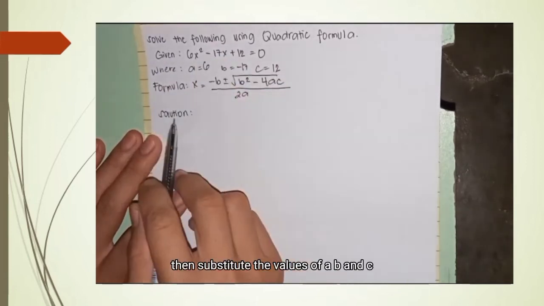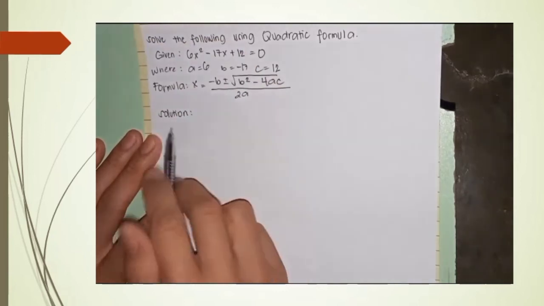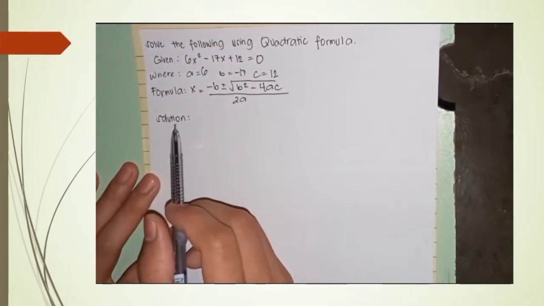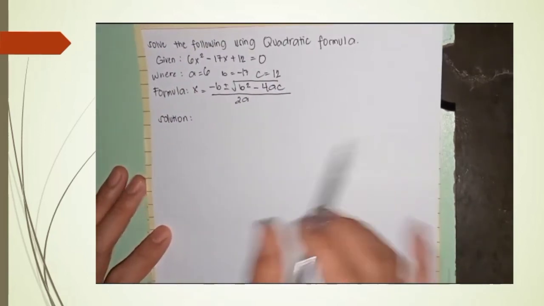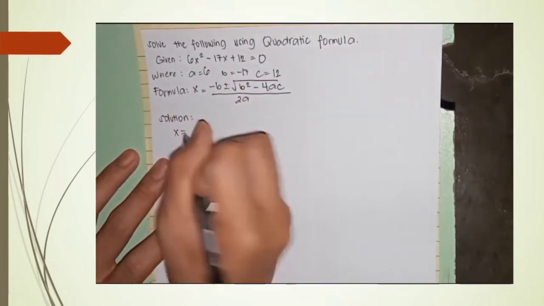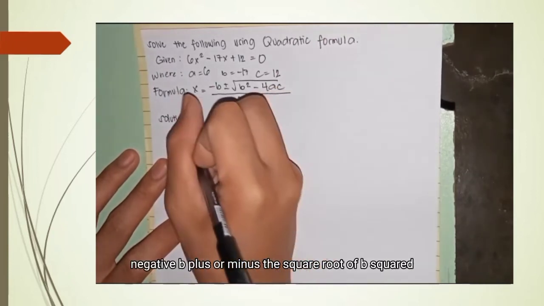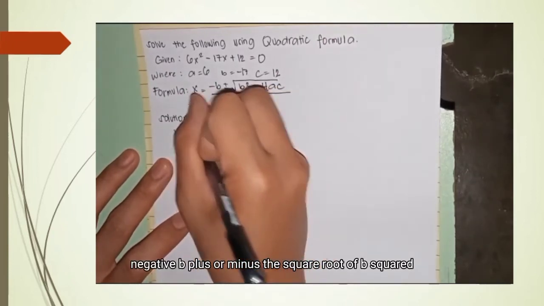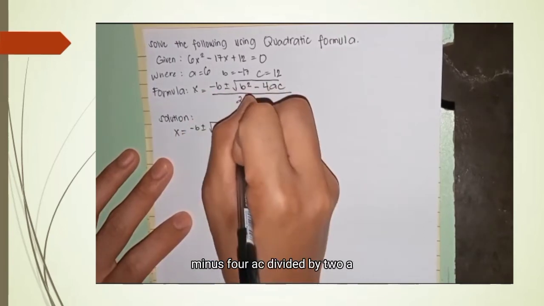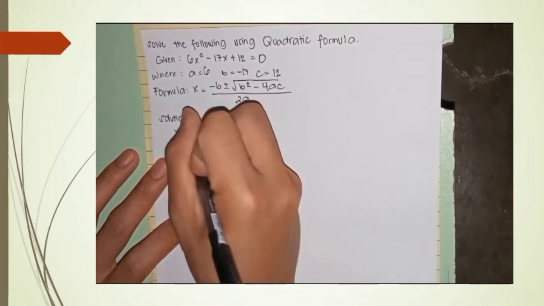Then substitute the values of a, b, and c with the formula. X is equal to negative b plus or minus the square root of b squared minus 4ac, divided by 2a.